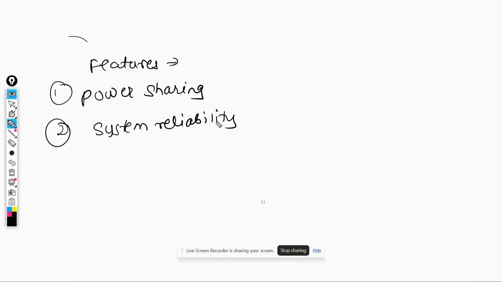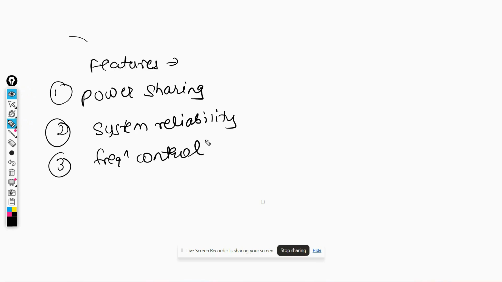Then the third feature was better frequency control. The Indian power system operates at 50 Hz. So the frequency should remain very close to this value.